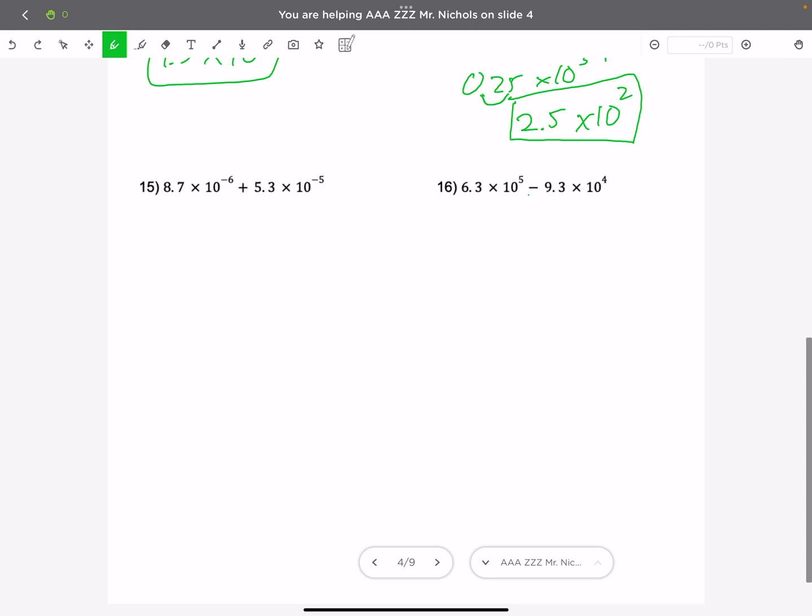So this 8.7 times 10 to the negative 6, so I'm going to count 1, and then I would have 5 more, 2, 3, 4, 5, 6. So that should be 1, 2, 3, 4, 5 zeros, and then 8, 7.